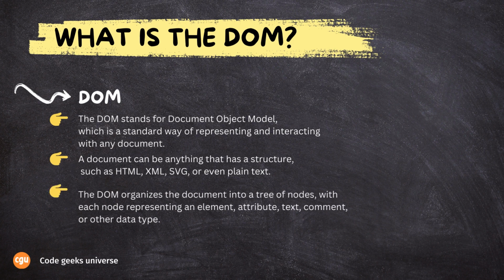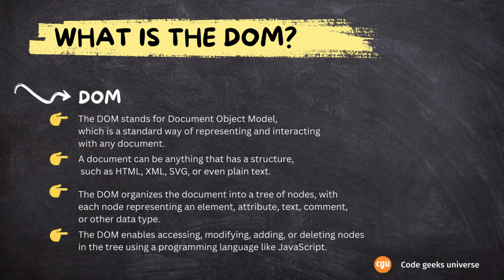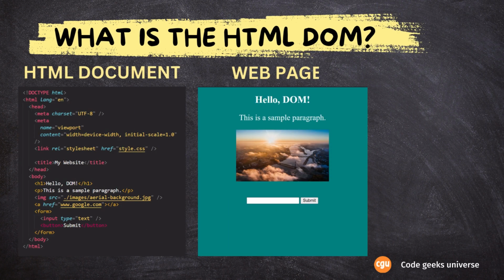The DOM defines how the document is organized in a tree of nodes where each node represents an element, attribute, text, comment, or other type of data. The DOM also defines how we can access, modify, add, or delete any node in the tree using a programming language such as JavaScript.